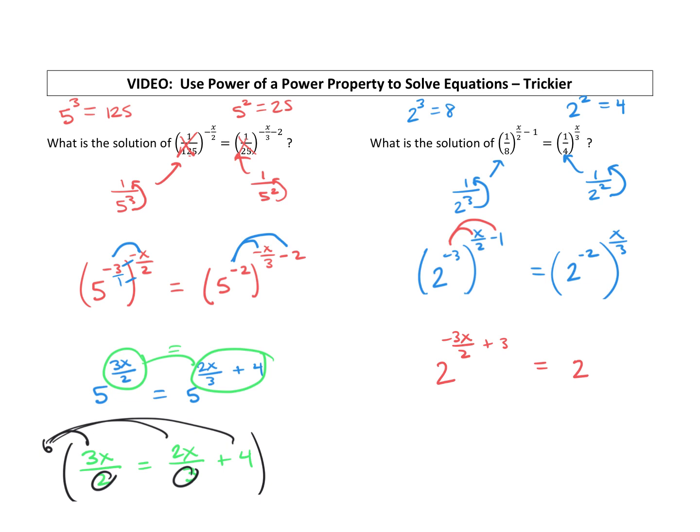Equals, keep your base of 2 on this side and multiply negative 2 times x over 3 is a negative 2x over 3. Well, there we go. We got our same base, which means the exponents will be the same, so we set them equal to each other. Negative 3x over 2 plus 3 will be equal to negative 2x over 3.